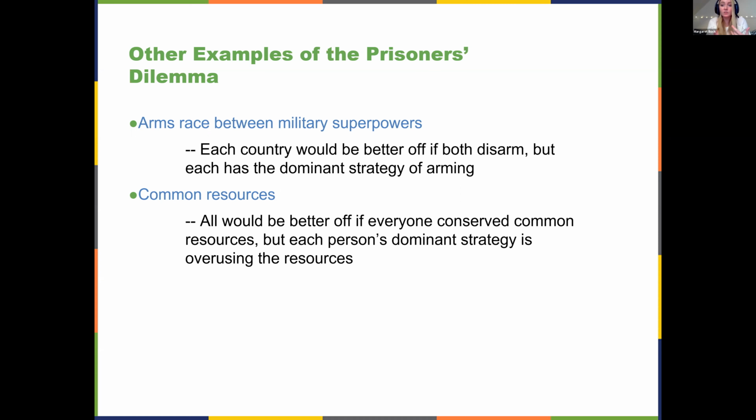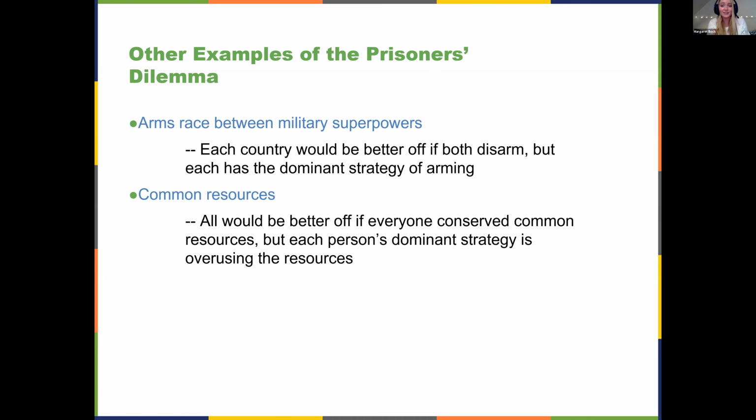A common resource is basically a resource that anyone can have access to. A pretty common example is a lake that has fish in it, and anyone can come and fish at the lake and get as many fish as they want.